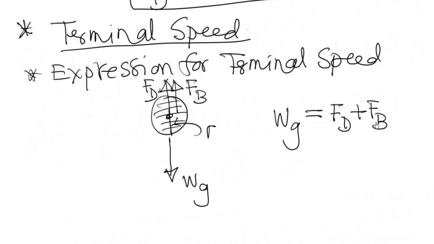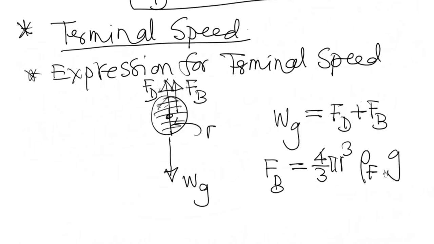Now the buoyancy force is equal to the weight of the fluid displaced by the spherical object, whose volume is 4 by 3 pi r cube, which is the displaced fluid, and rho f is the fluid density, and g is the acceleration due to gravity.